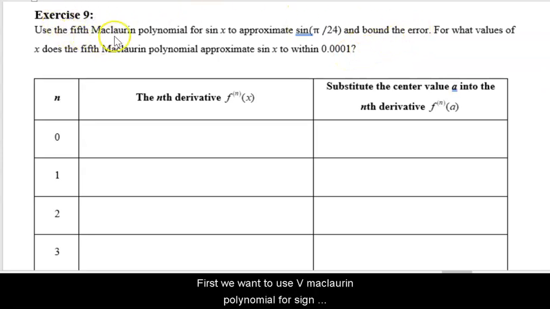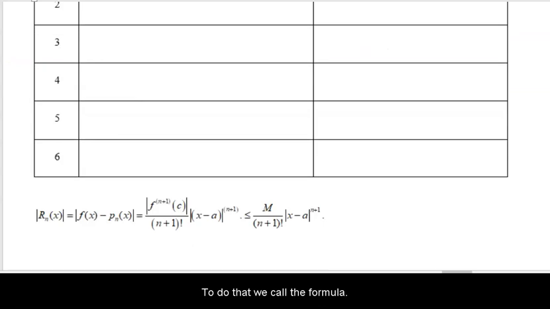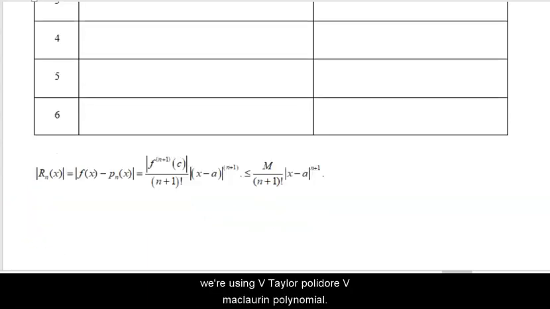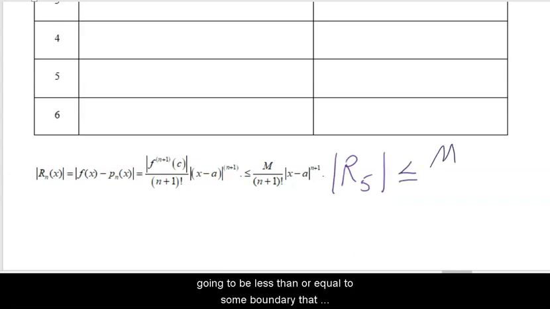First, we want to use the fifth Maclaurin polynomial for sine to approximate this and find the bound on the error. To do that, recall the formula. The remainder, which in our case will be R sub 5, since we're using the fifth Maclaurin polynomial, is going to be, in absolute value, less than or equal to some boundary that we'll find, and the boundary must be on the n plus first derivative at some unknown c over our interval, divided by n plus 1 factorial.